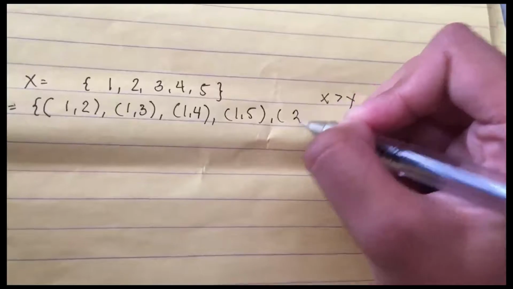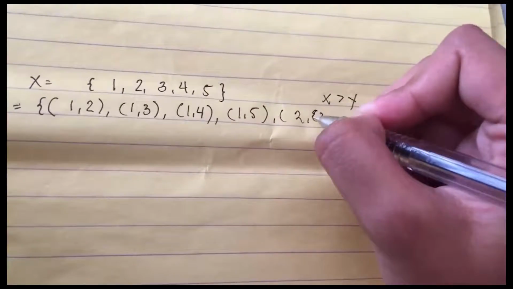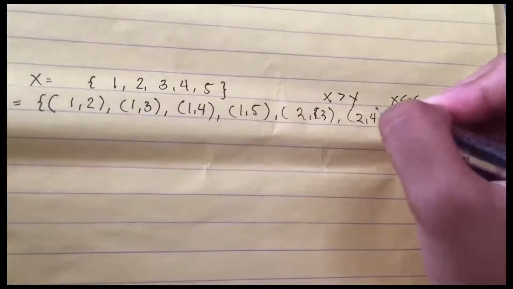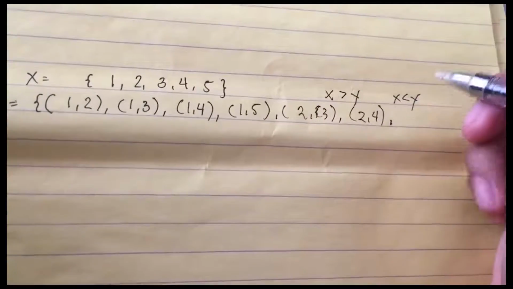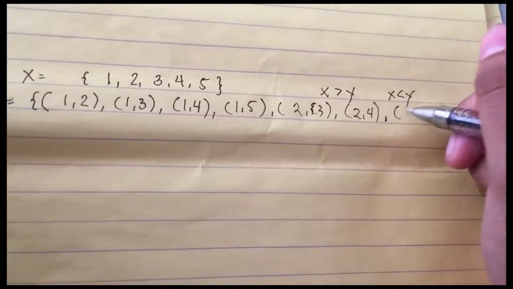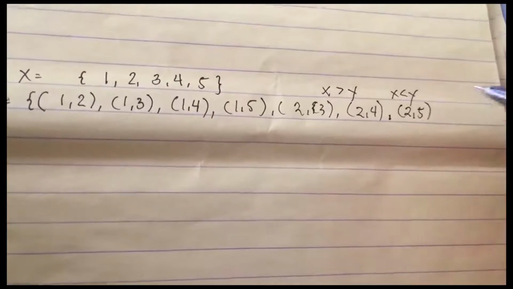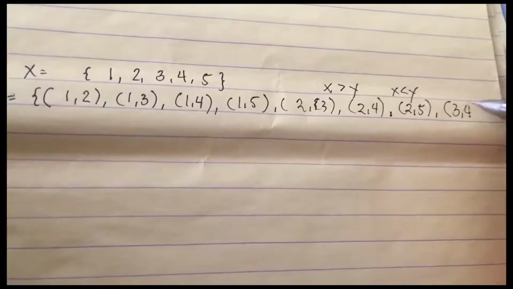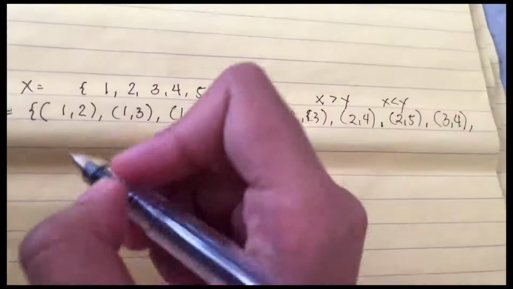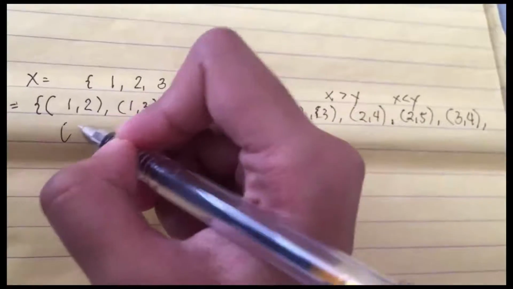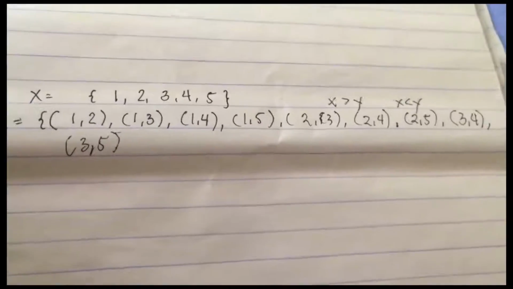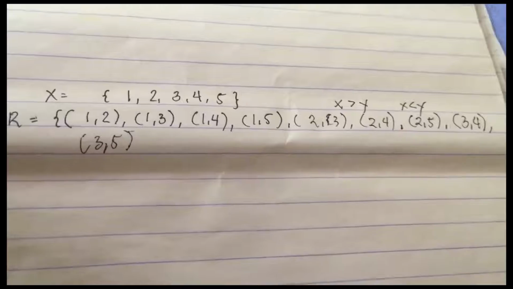Also 2 and 3, 2 and 4, and 2 and 5, and 3 and 4, 3 and 5, for the rule of X is less than Y.